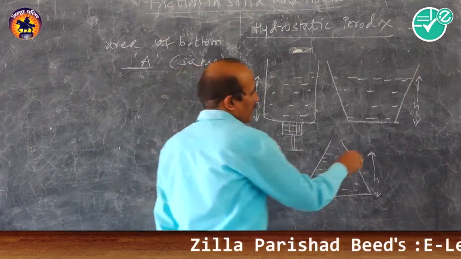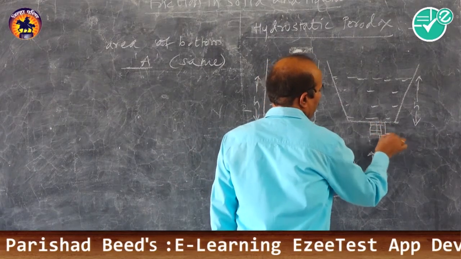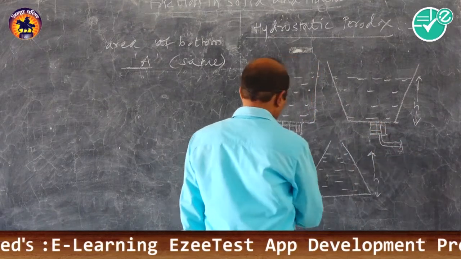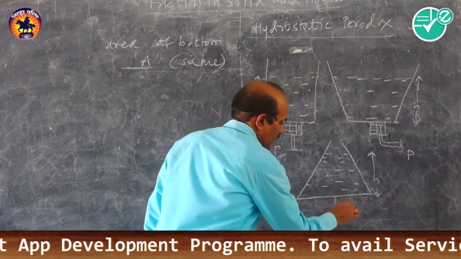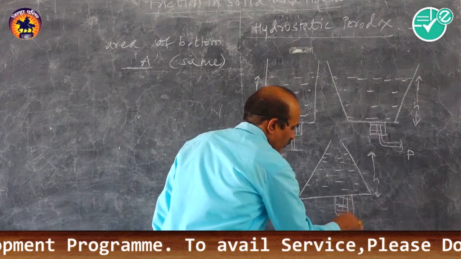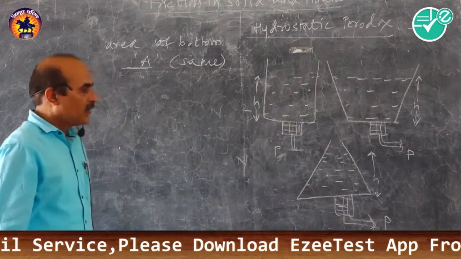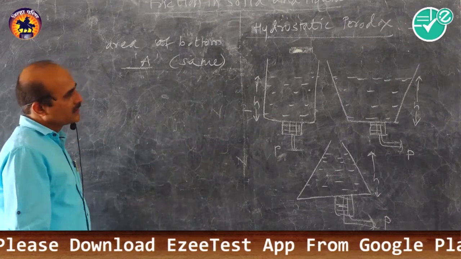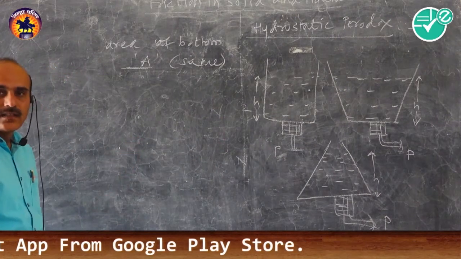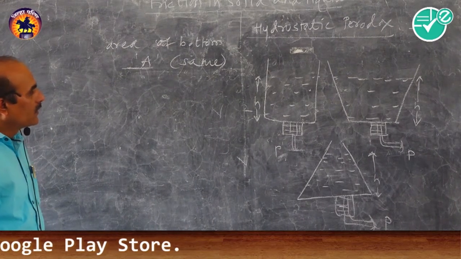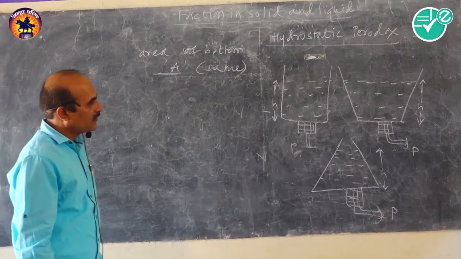Here the pressure is again P, and if you measure at the bottom, the pressure is again P. So if these three vessels have different shapes but the pressures are equal, how can this be resolved?